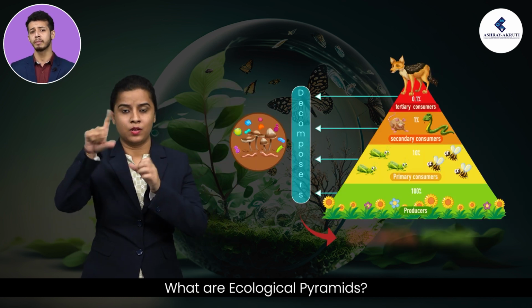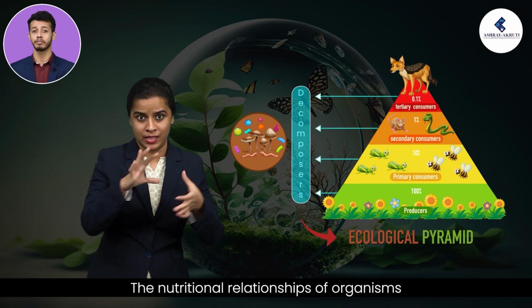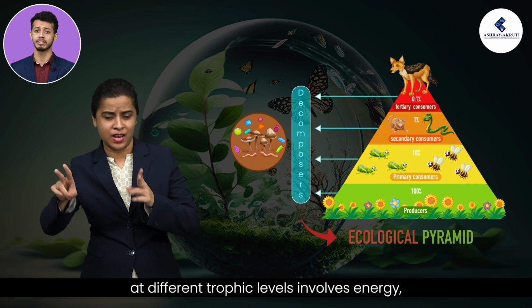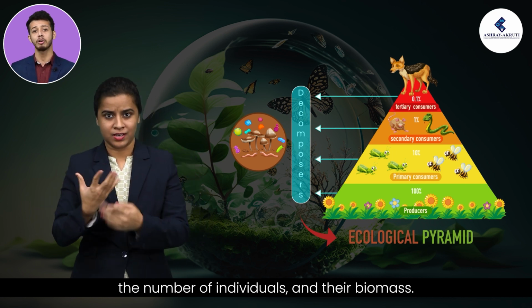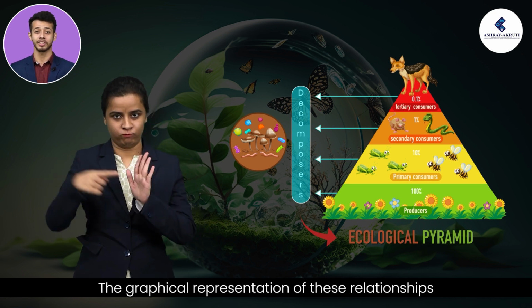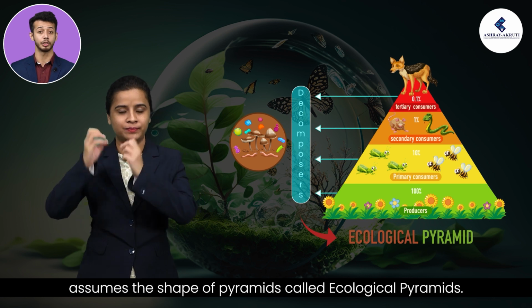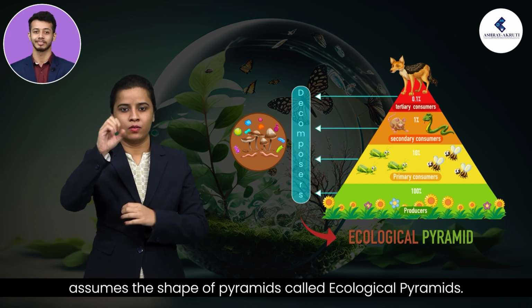What are ecological pyramids? The nutritional relationships of organisms at different trophic levels involve energy, the number of individuals, and their biomass. The graphical representation of these relationships assumes the shape of pyramids called ecological pyramids.